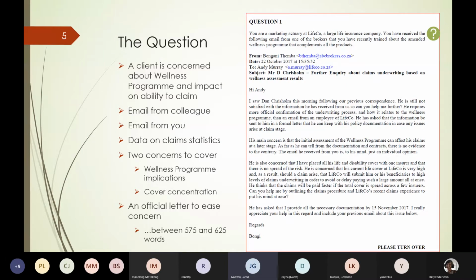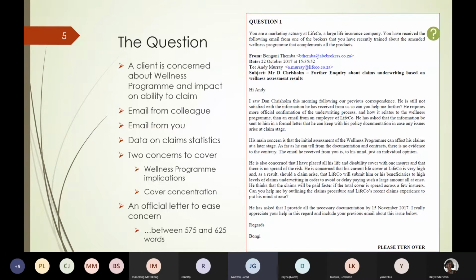What was interesting was that there were quite a lot of documents: an email from a colleague to you, a historical email from you to the client, and the colleague was a broker, but I'll call them a colleague. They also gave you a table of claim statistics, which was useful.